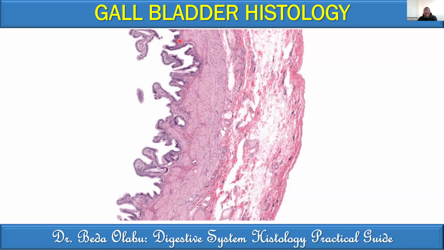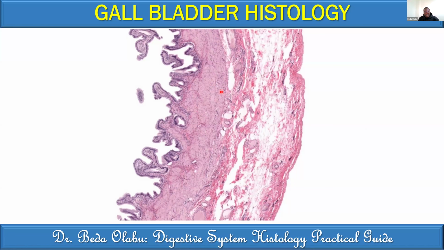One is the several folds of the mucosa. I've told you that's important to allow stretch when the gallbladder is filled. So this epithelium will stretch out. It's important that it's folded to allow for stretch, so it's an adaptation for storage.